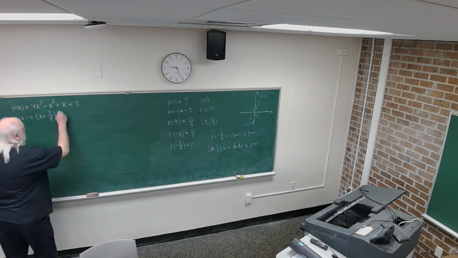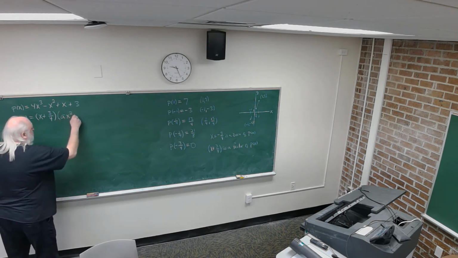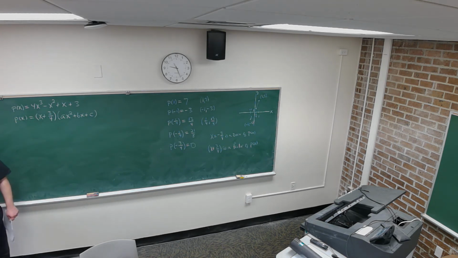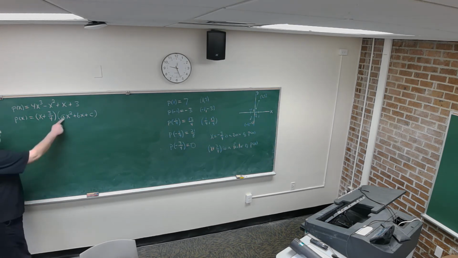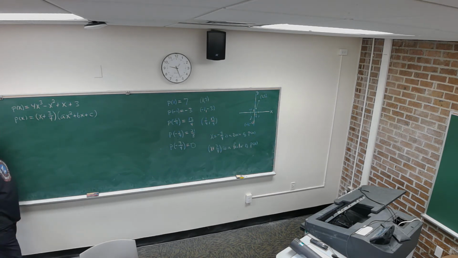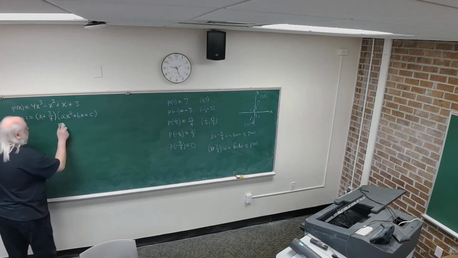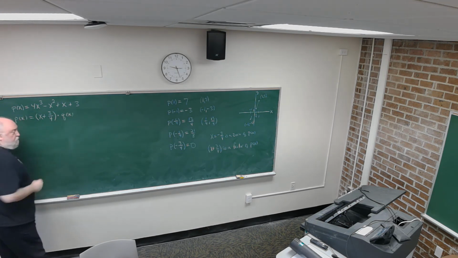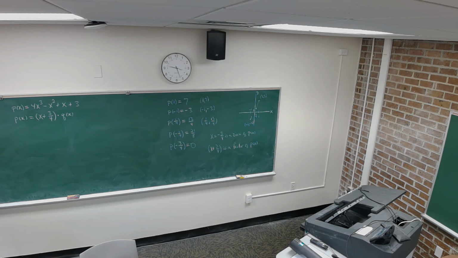So this inside parentheses is a quadratic of the form ax squared plus bx plus c, okay? So when you multiply first terms, we probably know a is going to be equal to 4, because we'll have 4x squared times x is 4x cubed, okay? But I haven't been writing out the quadratic like that. I've been writing it out as times q of x, some quadratic. Well, q of x is equal to p of x divided by x plus 3/4, right?